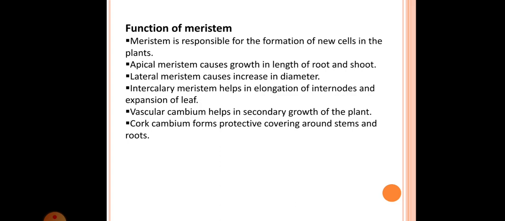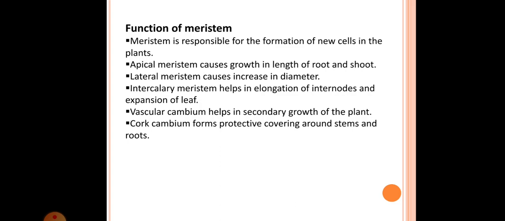So the function is the formation of new cells in the plant. Next, apical meristem causes growth in the length of the root and shoot. Next, lateral meristem causes the increase in diameter.